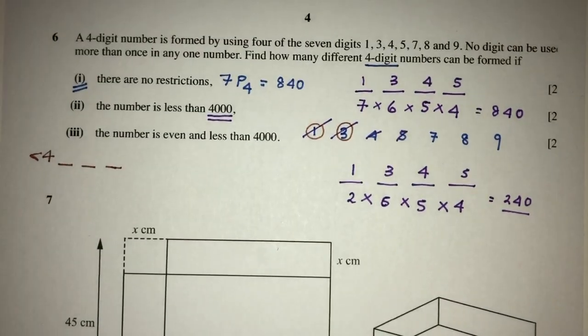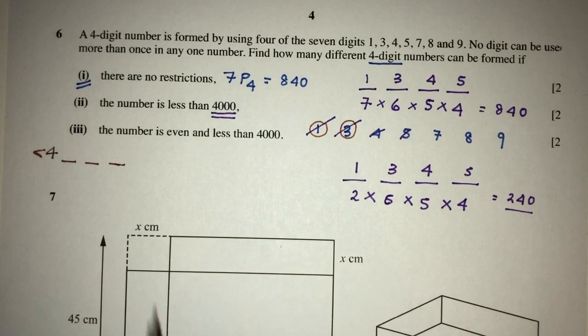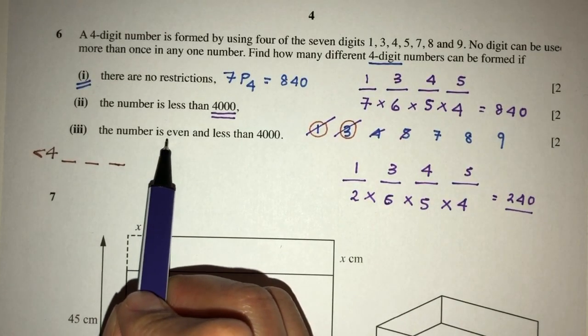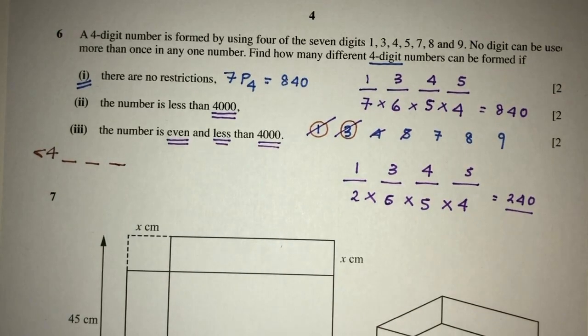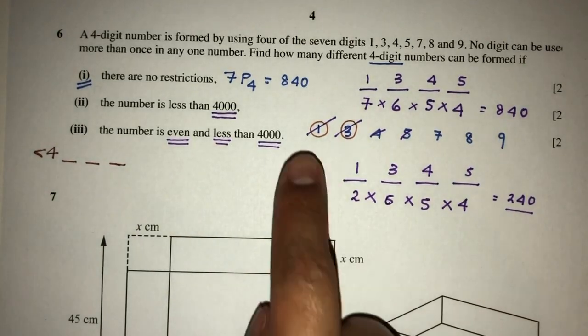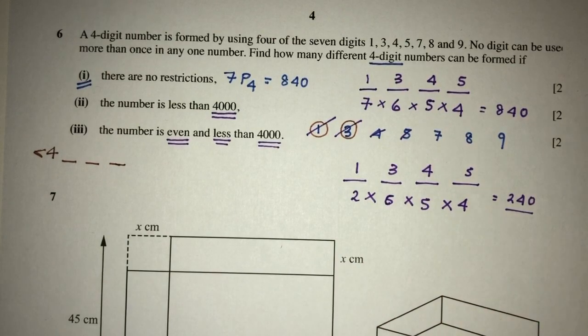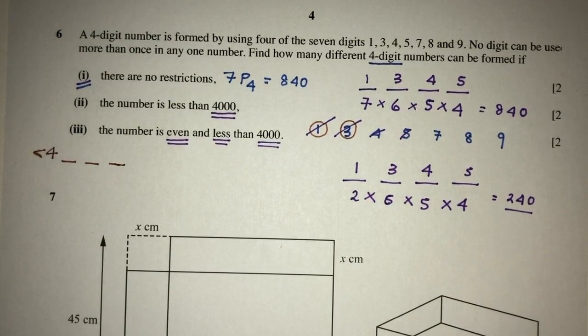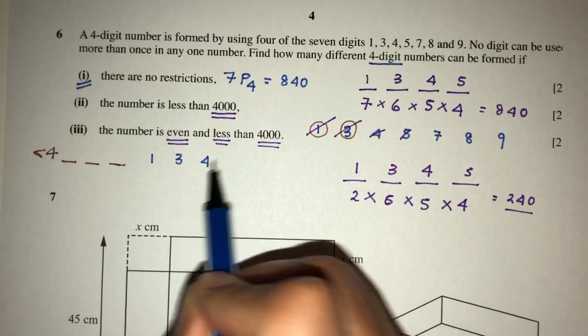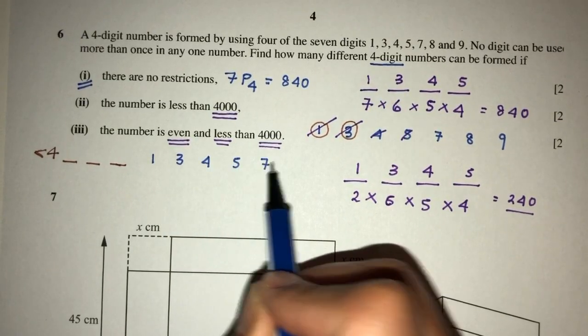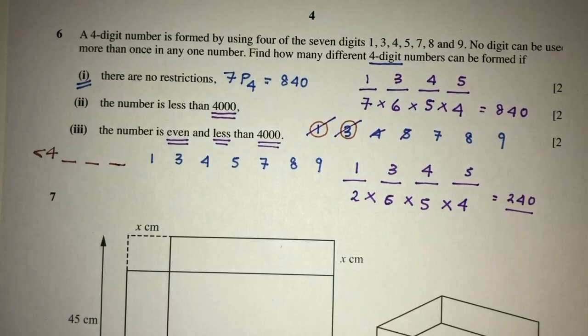Okay, now let's move on to part 3 of the question. So we have to find a number that is even and less than 4,000. So here we have 2 conditions, but let's first do the same steps. Let's first write down the numbers that we have: 1, 3, 4, 5, 7, 8, and 9.